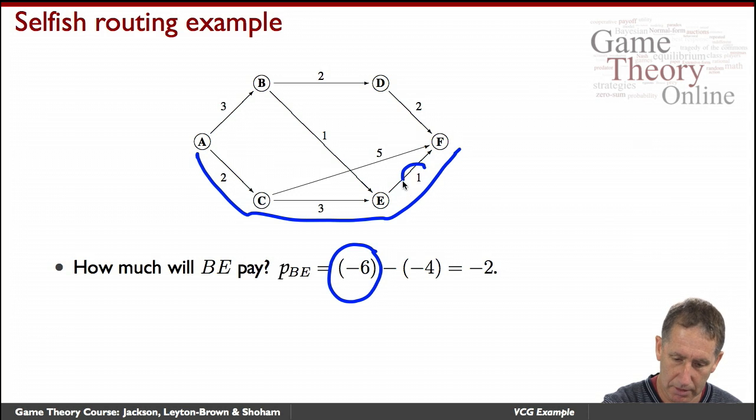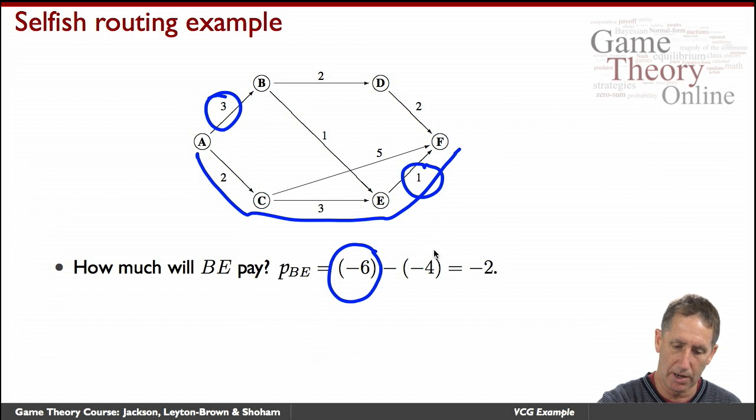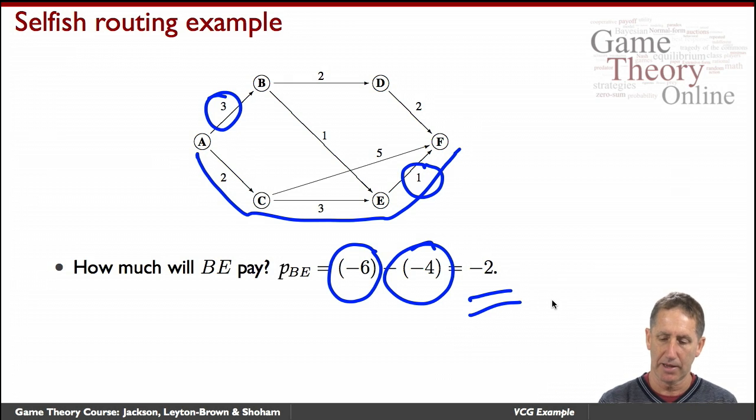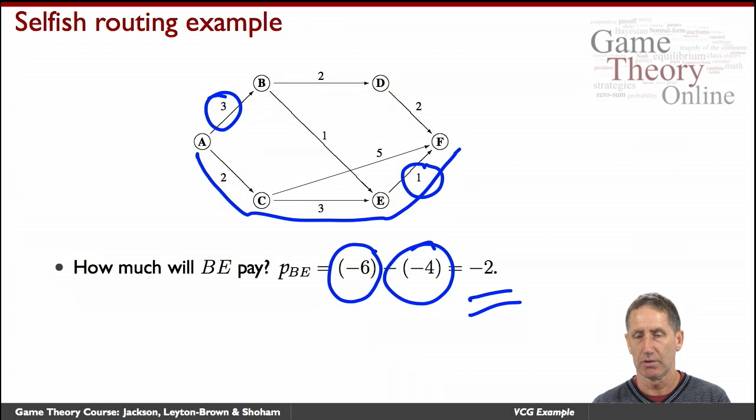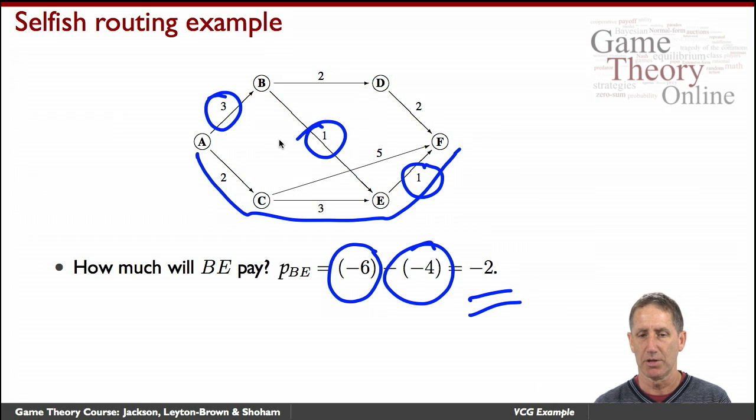Why is that? It's 1 plus 3. And so, this is the minus 4 over here. So the net of it is that the cost imposed by VCG on the link BE is minus 2. In other words, they would get a payment of 2, making again a profit of 1, if you wish.